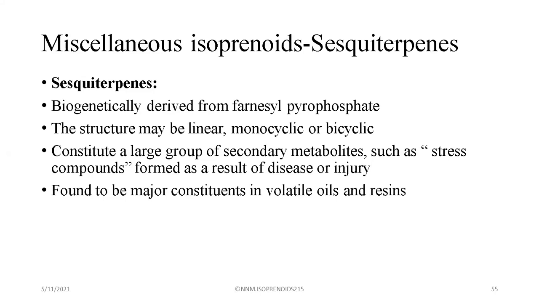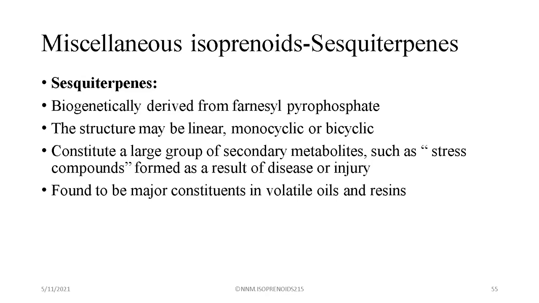They are found to be major constituents in volatile oils and resins, like Linda said. However, she also mentioned that as they increase in size, their volatility will decrease. So basically, that means monoterpenes will be more volatile than sesquiterpenes and so on.